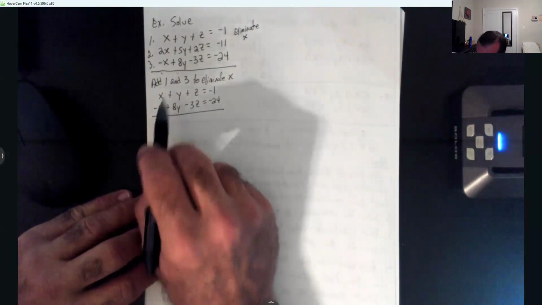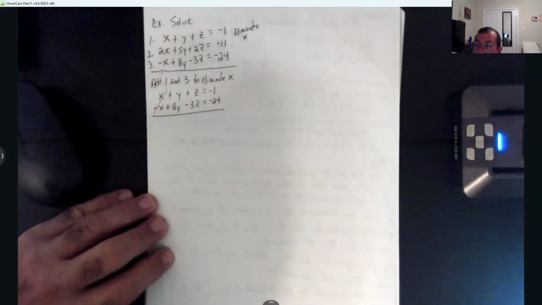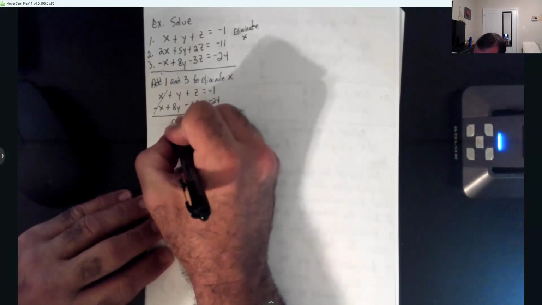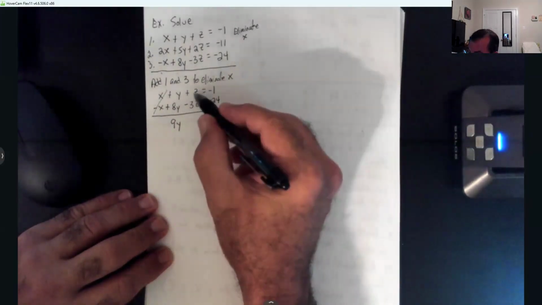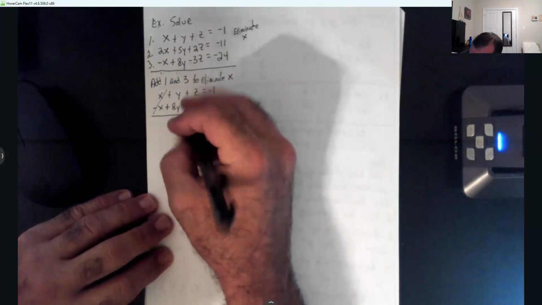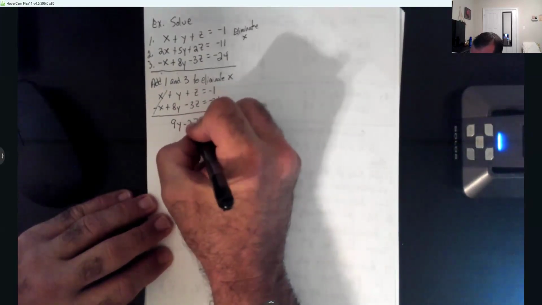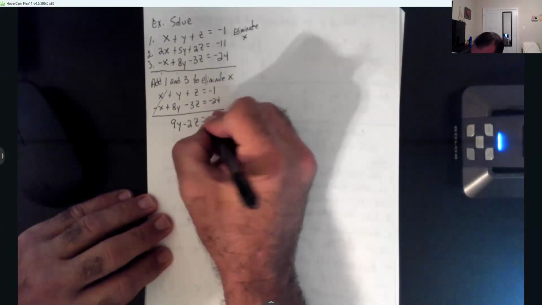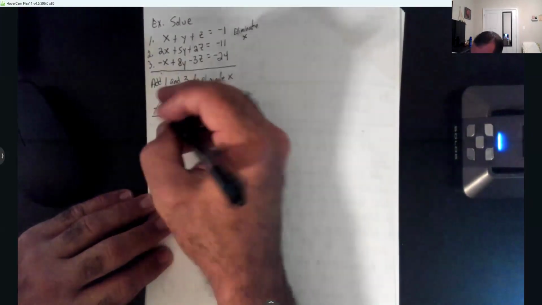It looks like those X's are going to cancel like you wanted. So 1 and 8 gave me 9Y. 1 minus 3 gave you -2Z. And then -1 and -24 give me -25. So I'm going to make this now my row 4.